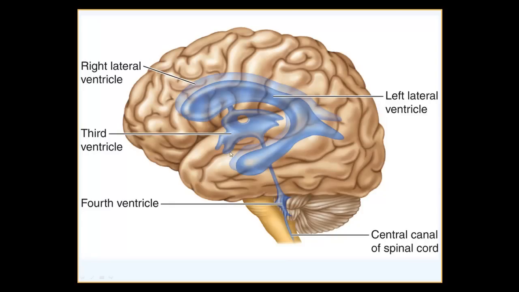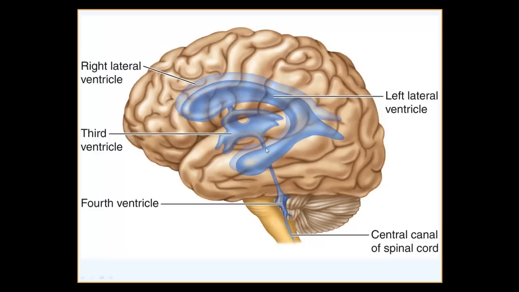These are the cavities, and you probably went through that in the anatomy. It's not really our story to talk about in the physiology course, but these are the lateral ventricles, two, one in each hemisphere. And then we have here the third ventricle. The third ventricle is connected with a very thin tube.